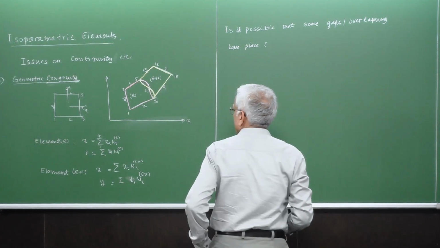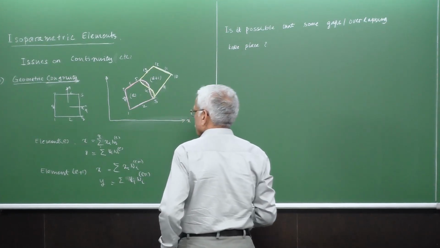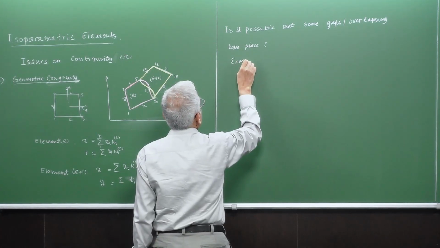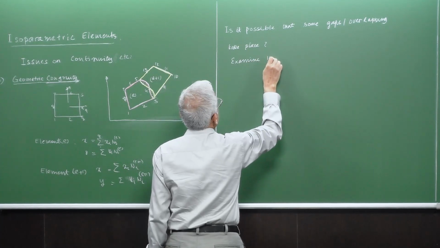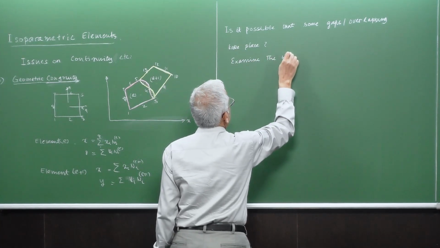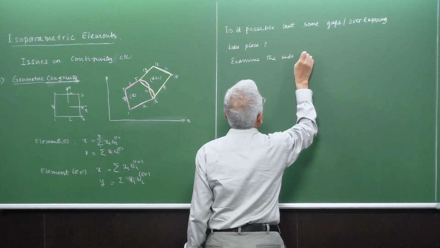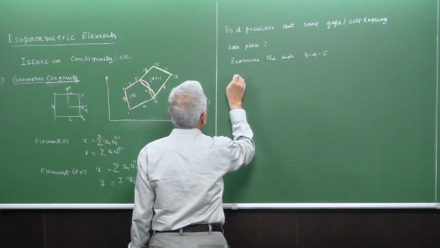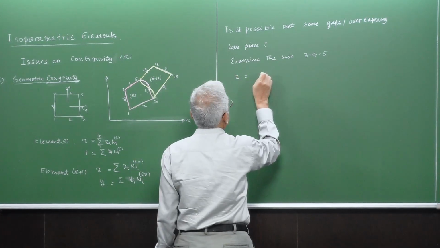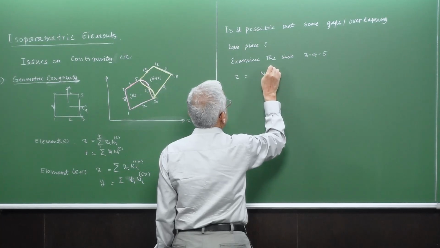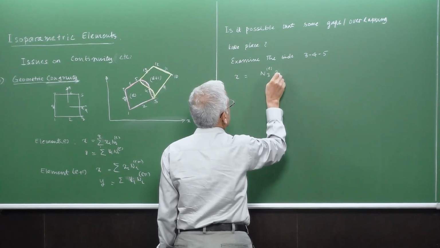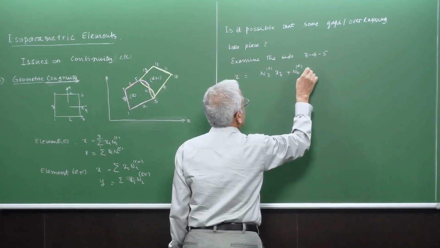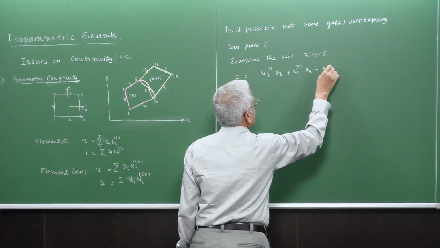So this will not take place, because if you examine this side, 3, 4, 5 in the real space, X will be having N3, X3, N4, X4, N5.